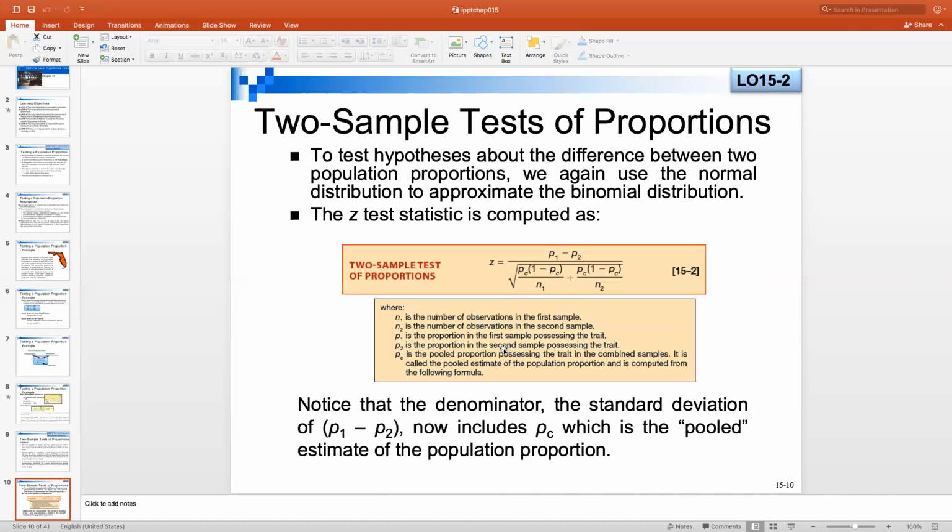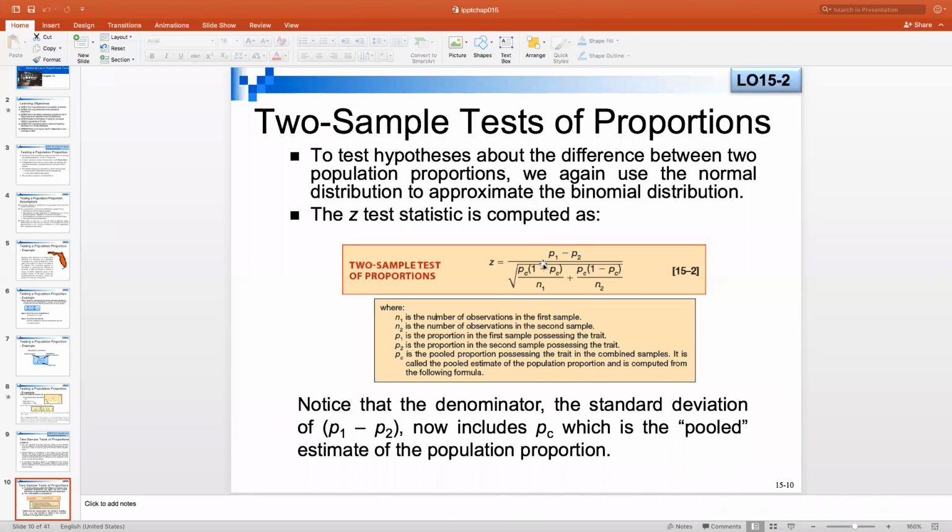And our new addition is PC, which is the pooled proportion, which basically means what's the proportion of both samples, right? We're basically combining the samples to come up with one, what we call pooled proportion. When you're pooling something, you're usually combining 2 variables, 2 elements, 2 samples, okay?